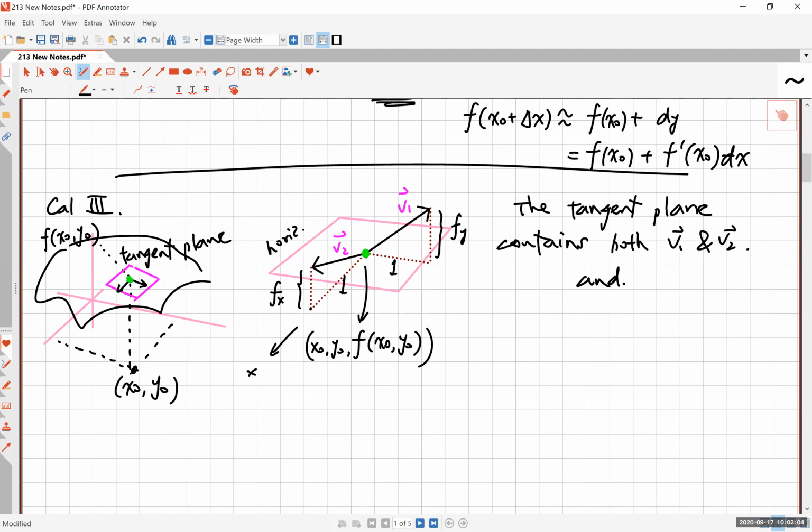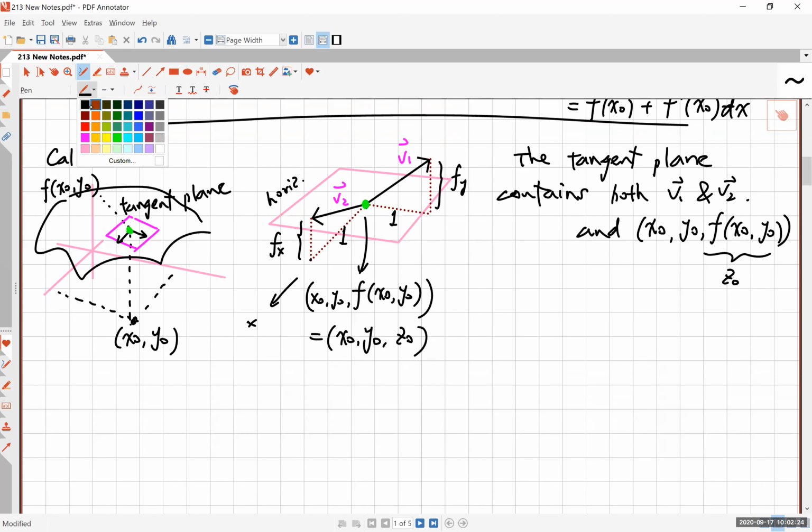And this point is x naught, y naught, and then the value of the function at that point, right? And for ease of notation, let's just call that z naught, okay? So this point is x naught, y naught, z naught, and that is our reference point. That's the starting point, okay? And so the question is, what is this tangent plane?